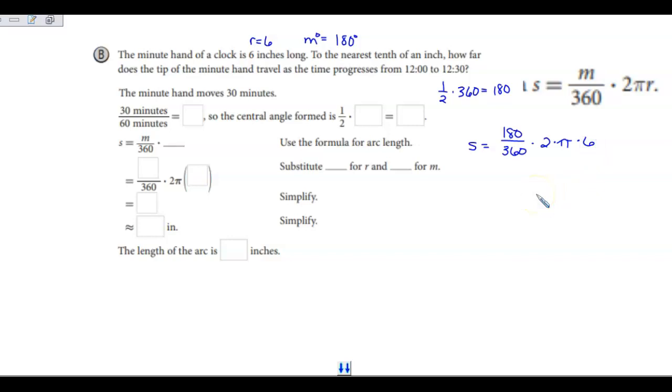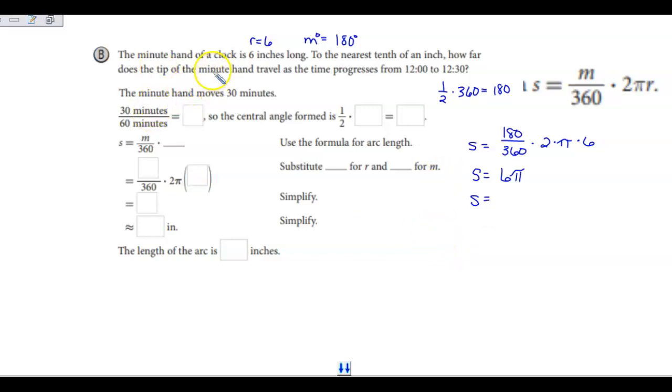And so now we're going to put that into our calculator, and we're going to take 180 divided by 360, and that's going to give us 0.5, times 2 gives us 1, times 6 gives us 6. So in terms of pi, we get 6 pi. If I were to simplify it even more and take that 6 times the pi button, I'm going to get 18.849.